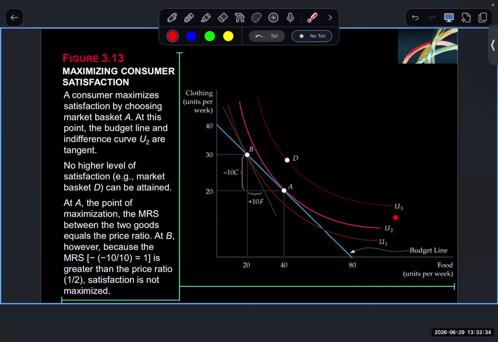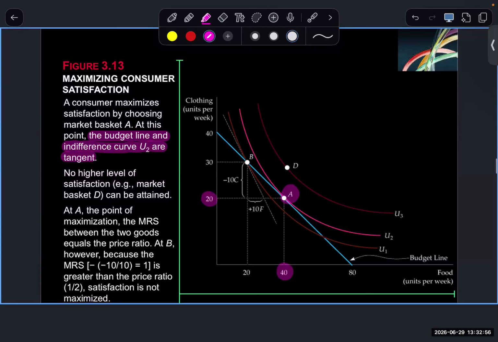When the indifference curve U2 and the budget line are tangent, it happens at point A. And we have the optimal consumption, 40 for food, 20 for clothing.